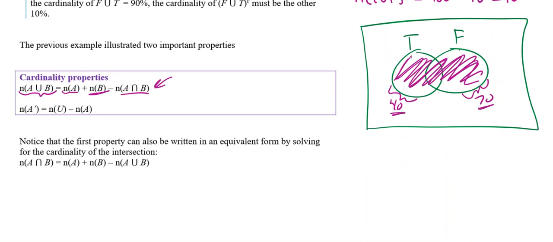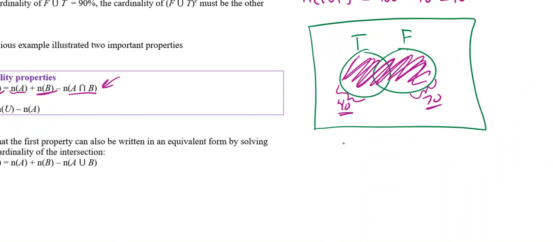So let's think about why that makes sense. I'm going to separate these circles for a second. If this circle is 40, and this circle is 70, right? And then I bring those two closer together, right? I actually overlap them.